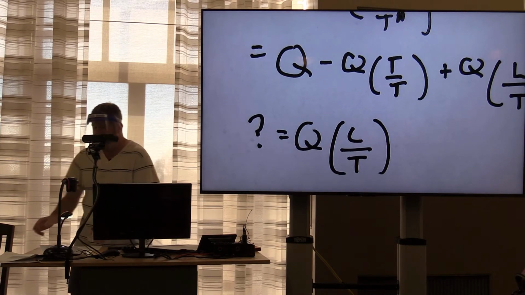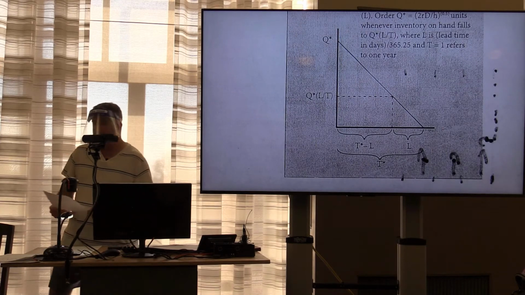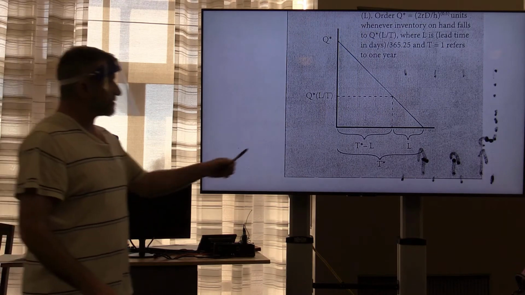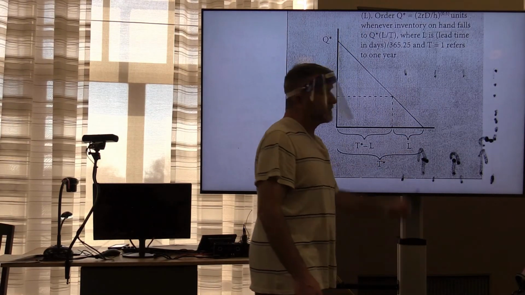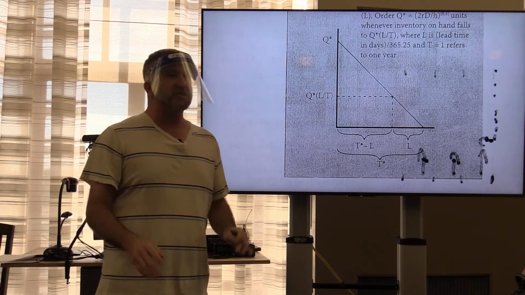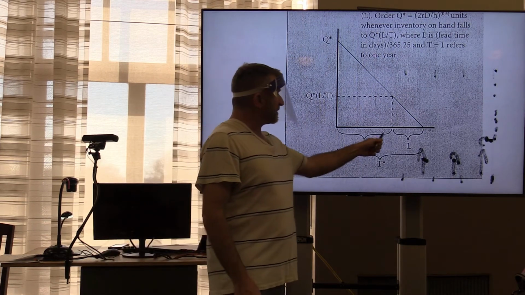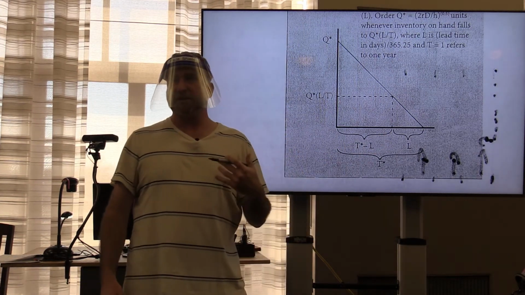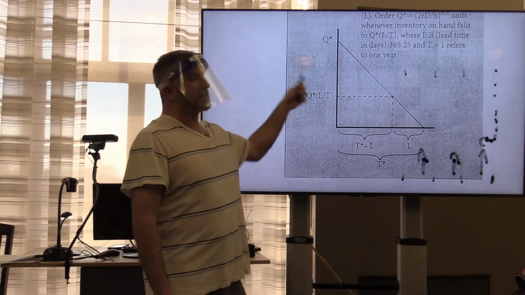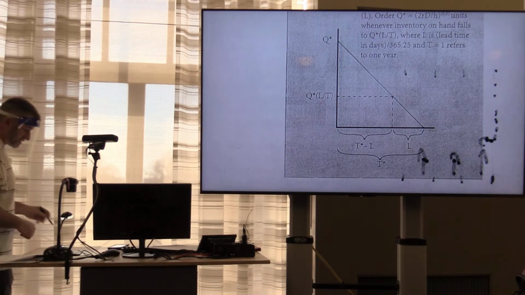So again, all we're doing here is the exact same model, but now we have a lead time. Instead of saying we need to reorder Q star when inventory's down to 0, we say we need to reorder Q star at time T minus L, or equivalently, we order Q star when inventory reaches a level of Q star times L divided by T. And now we're just going to do 2 quick problems where we use those.